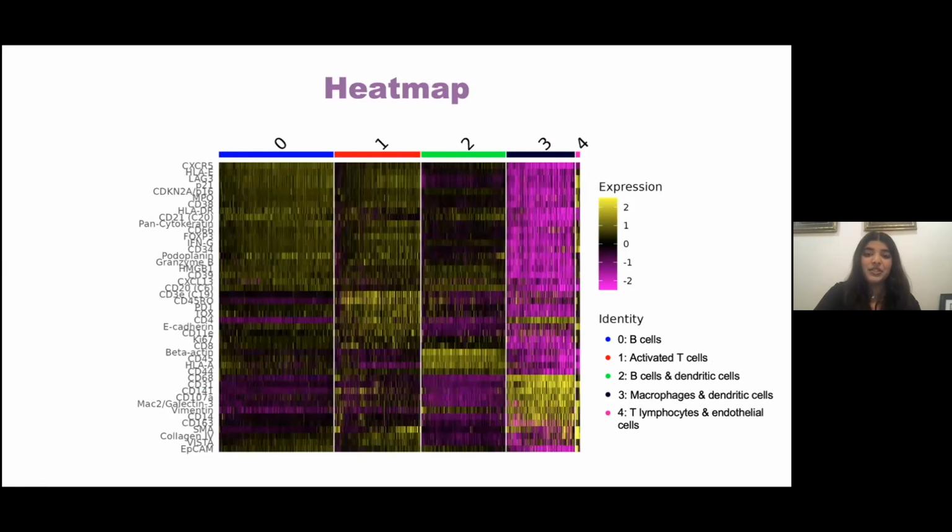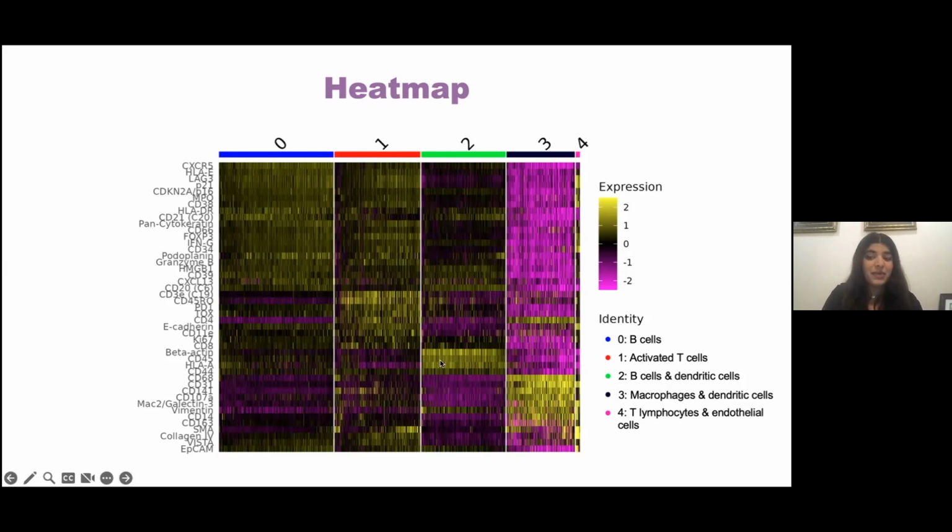After that, we were able to do a heat map, and this really outlines all of those different biomarkers that we were able to stain for and be able to see how we can identify those clusters. So cluster 0 was remarkable because it mentioned CD20 as well as CD21, which are known to be markers of immune cells as well as B cells. Cluster 1 as well had activated T cells, and that was marked by CD4.